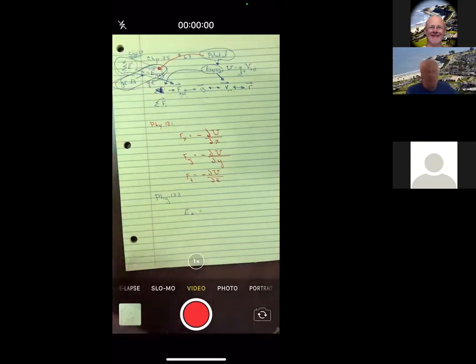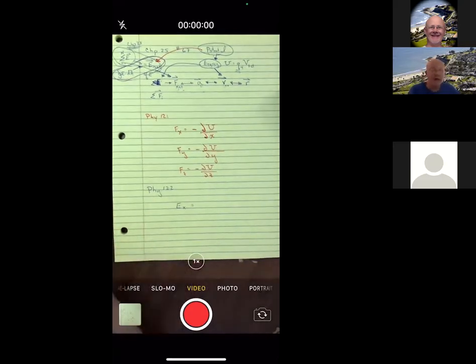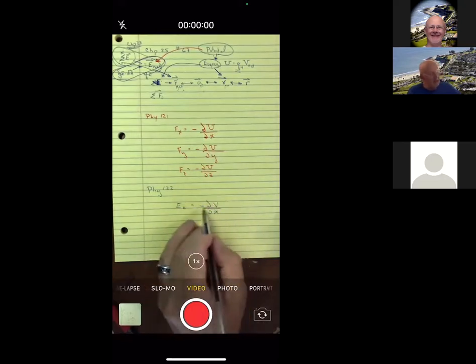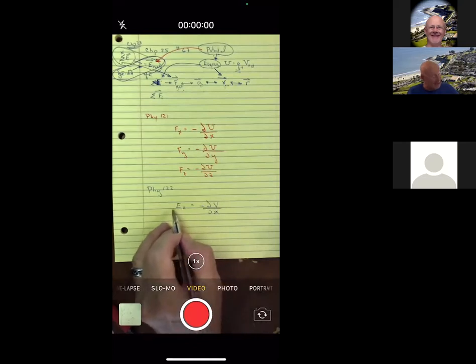So here's where I'm going to start this problem, now that I spent a long time telling you the second reason we care about it. You're going to take the derivative of the potential with respect to x, take the negative of that, and you'll get the x component of the field.